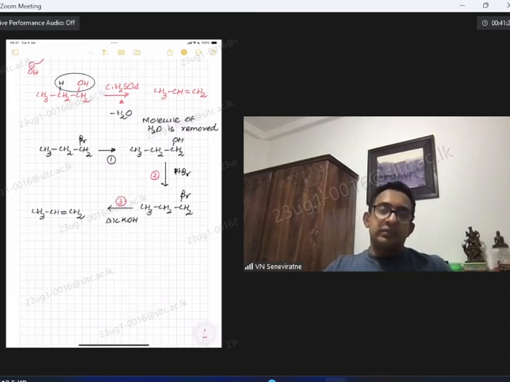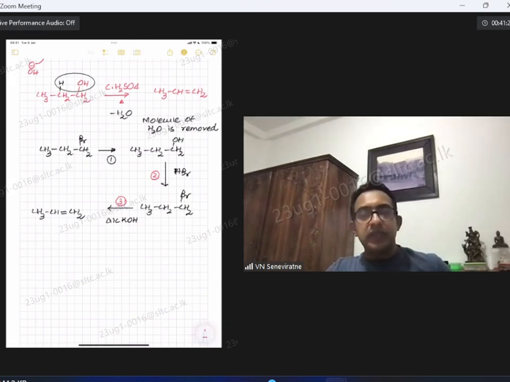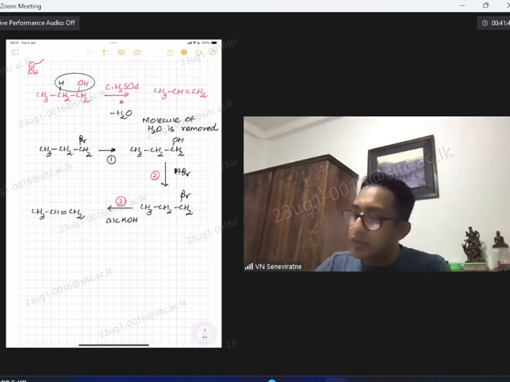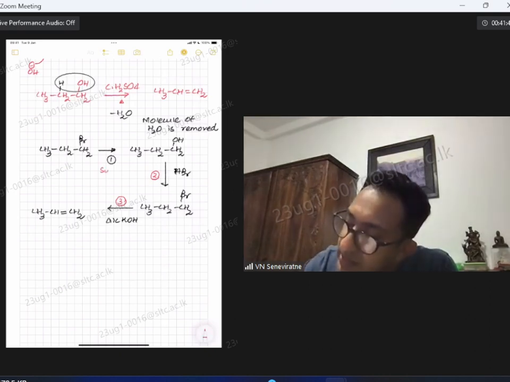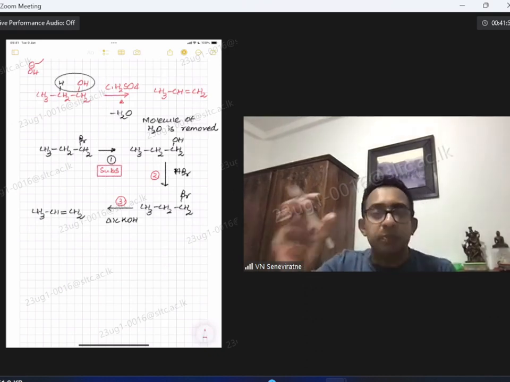First mechanism, is it an elimination? Is it a substitution? Is it an addition? First one is a substitution. Very good. That's a substitution, right? So I will write it as substitution, because the Br is replaced with OH.